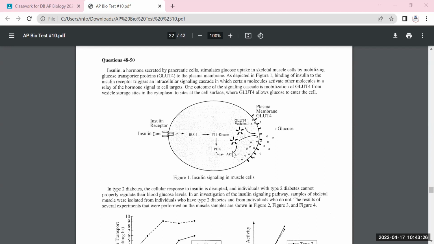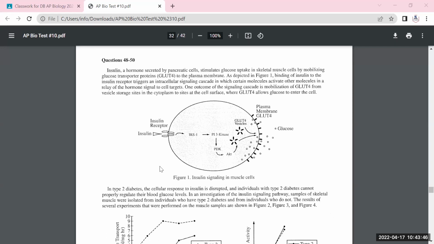One outcome of the signaling cascade is mobilization of GLUT4 from vesicle storage sites in the cytoplasm to sites at the cell surface, where GLUT4 allows glucose to enter the cell, right? Because remember, what does insulin do, right?